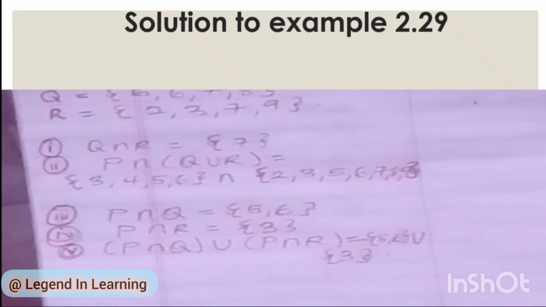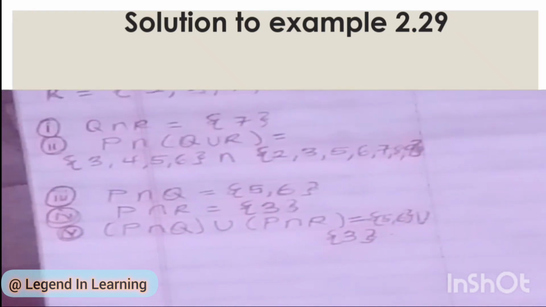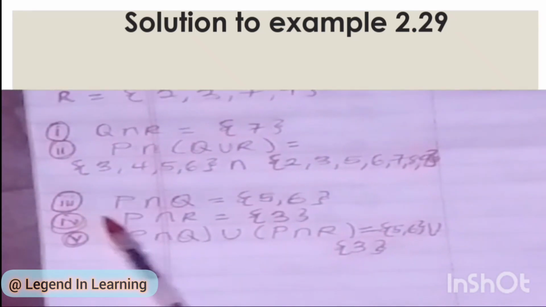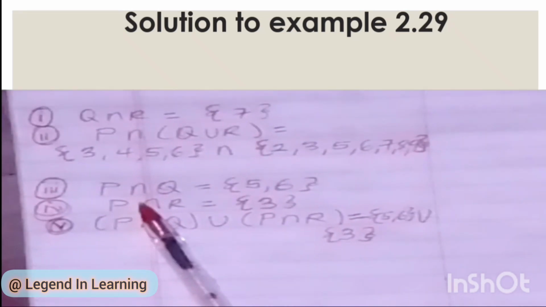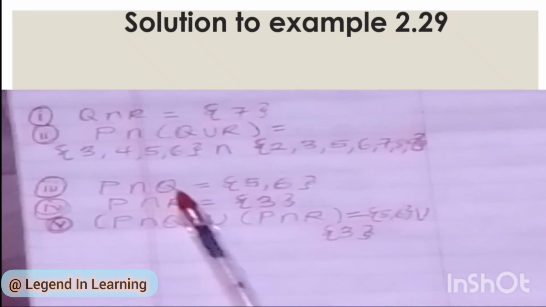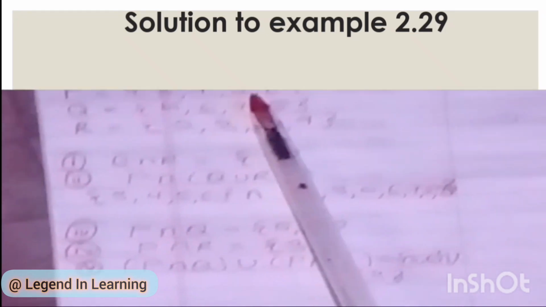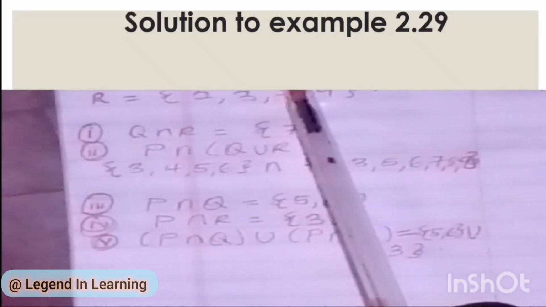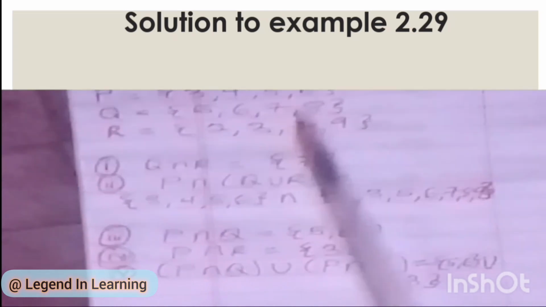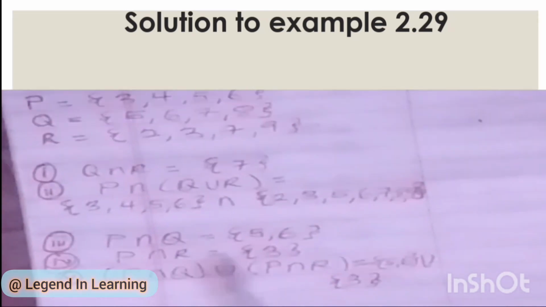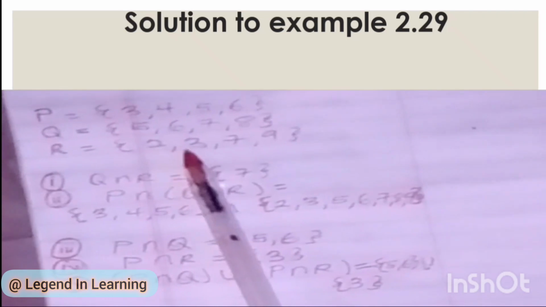And we are asked to find P intersection Q. P intersection Q is equal to this. Why? Because they are found in both sets. So 6 here, 6 here, 5 here, 5 here. And we are asked to find P intersection R. So for P intersection R, you can find 3 here, 3 here.